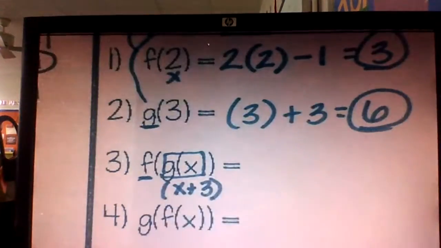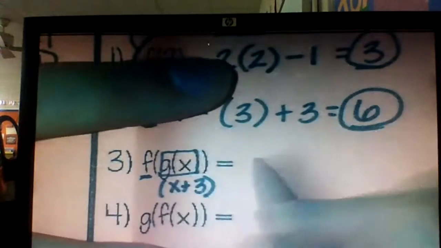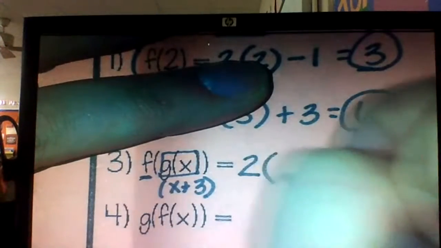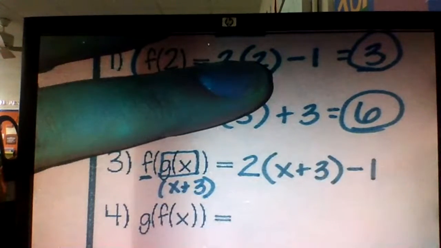Okay, so instead of just inserting a number here, I'm actually inserting x plus 3. So I'm no longer just inserting a number. I'm inserting x plus 3. So my function is 2, and I'm replacing x with x plus 3, minus 1.